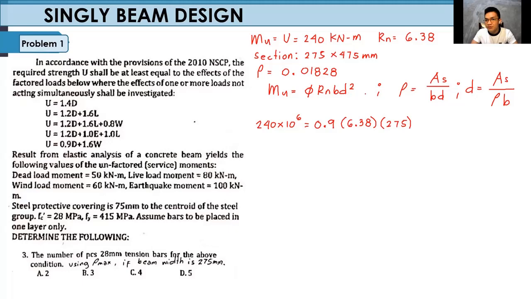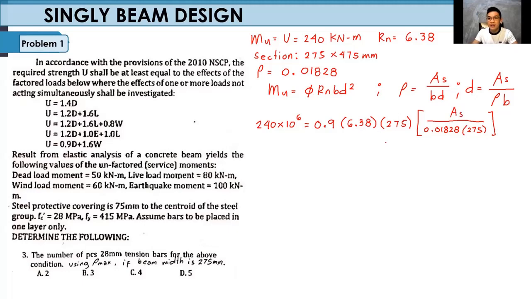Then, yung ating depth, which is As over rho b. Ilalagay natin dito, area ng steel. Hindi pa natin alam, yun yung hinahanap natin. Divided by our rho, which is 0.01828 multiplied by our base, which is 275. Ayan. So, erase lang natin.